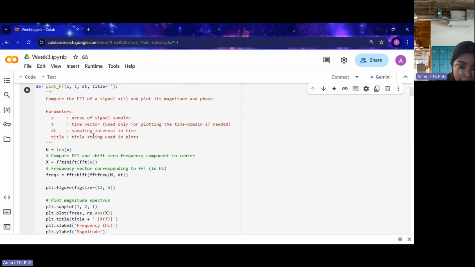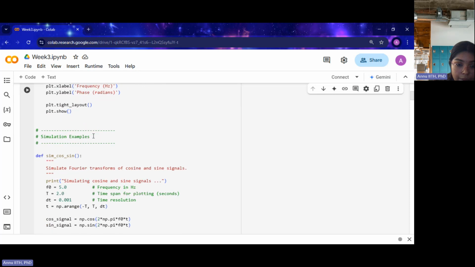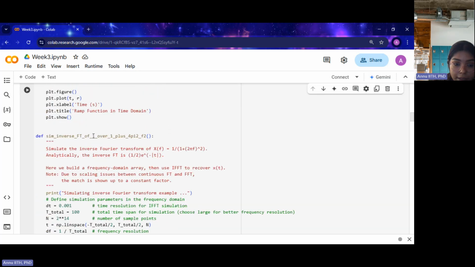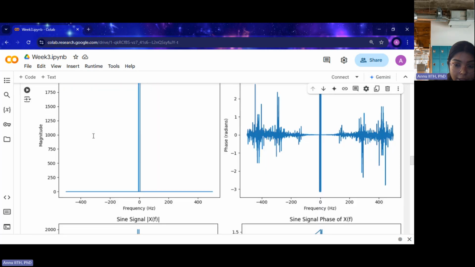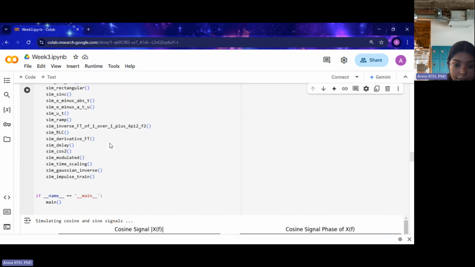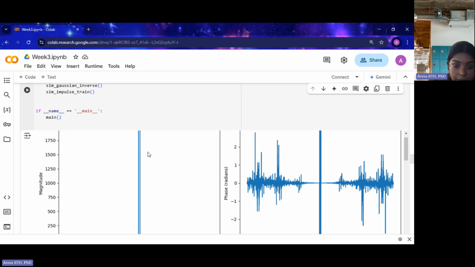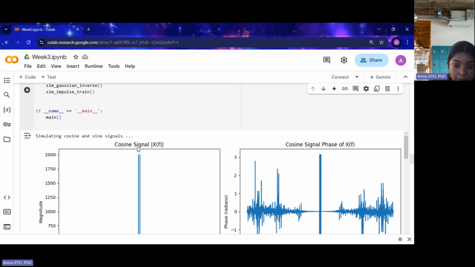Then frequency is equal to fftshift of fftfreq with dt. plt.figure with figsize, then plt.subplot 1, 2. Here we can see the plot of the magnitude and phase spectra. Different frequencies are there. For example, here the cosine signal magnitude spectrum is the modulus of X(f), and the cosine signal phase is the phase of X(f).